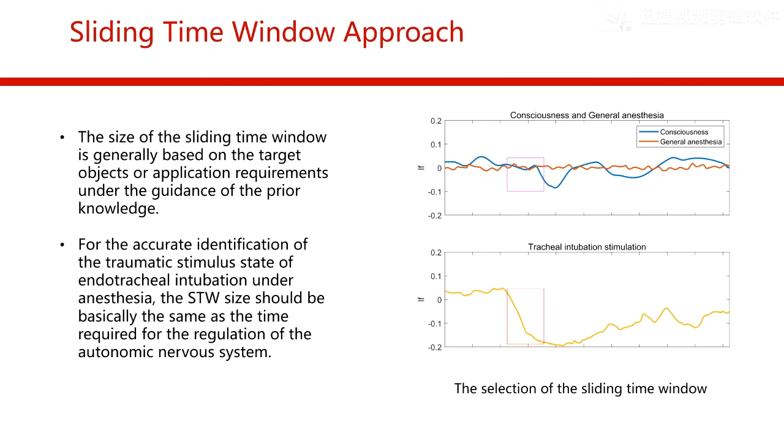The size of the window is generally based on the target objects and the guidance of the pre-knowledge. The window size should be basically the same as the time required for the regulation of the autonomic nervous system. This allows us to find out whether noxious stimulation occurs under anesthesia.